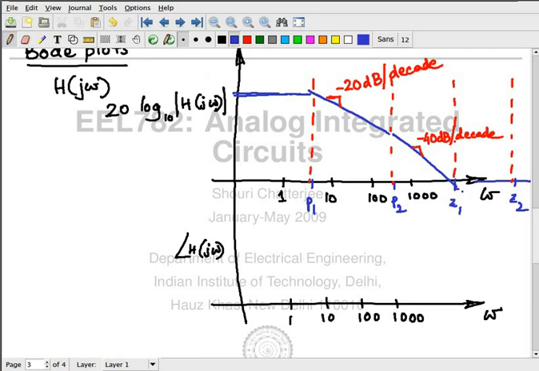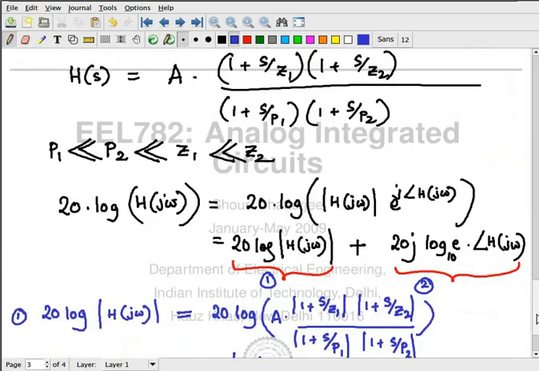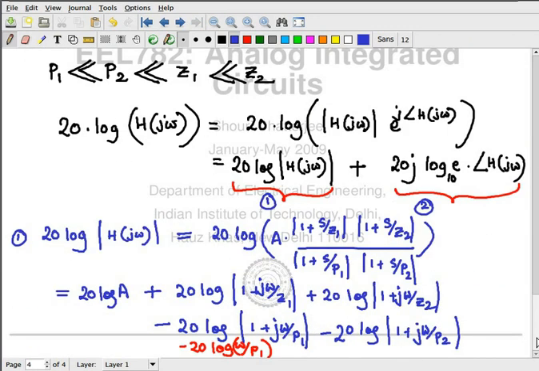The slope is going to increase and it's going to become just minus 20 dB per decade. And when I hit Z2, the slope is going to become 0. Is that understood? Okay, so that's term number 1. We have already covered term number 1.